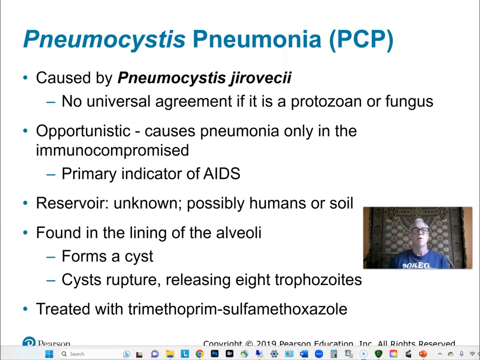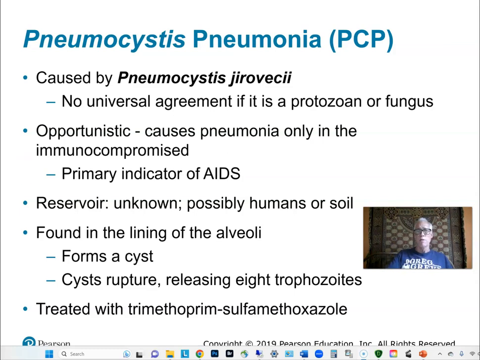Pneumocystis pneumonia is almost like a little insertion here in our chapter because Pneumocystis doesn't cause disease in people with a healthy immune system. It's an opportunistic pathogen of people with immunocompromise. It's a primary indicator that someone has progressed from HIV infection to AIDS, the acquired immunodeficiency syndrome that results from HIV infection after years of time.